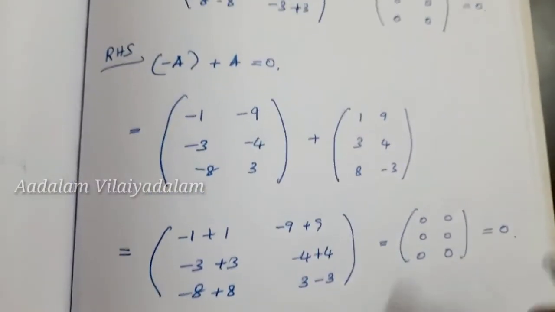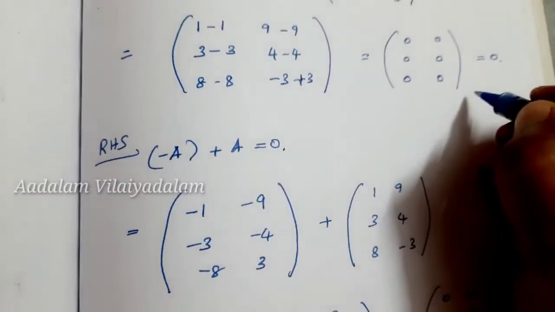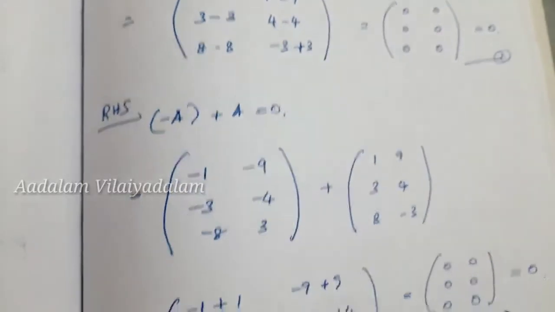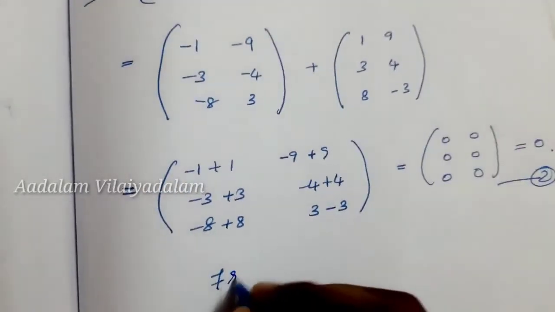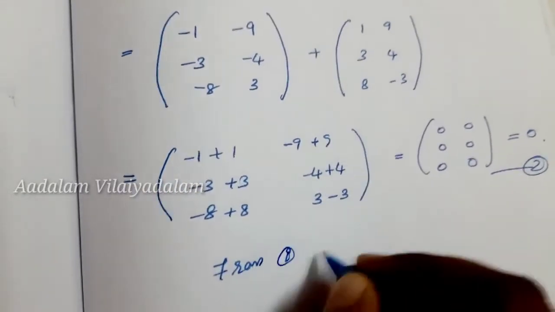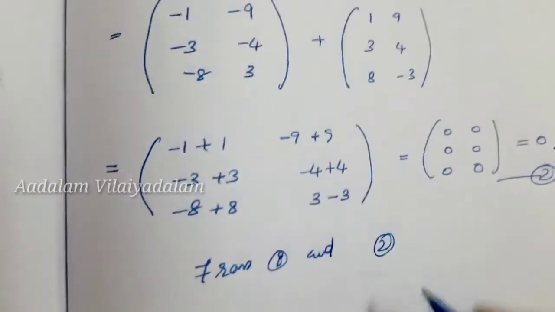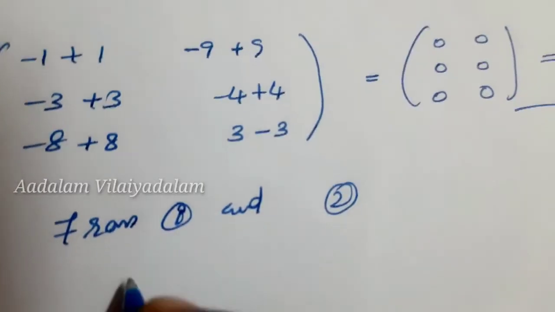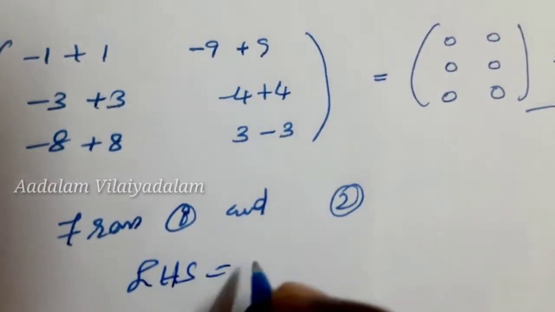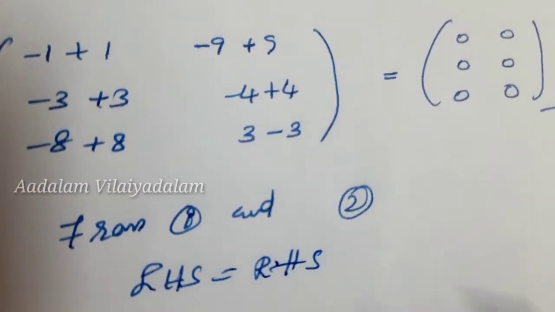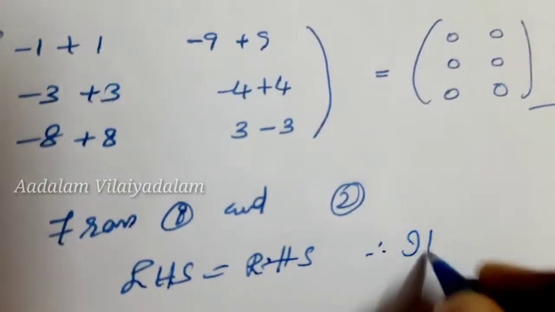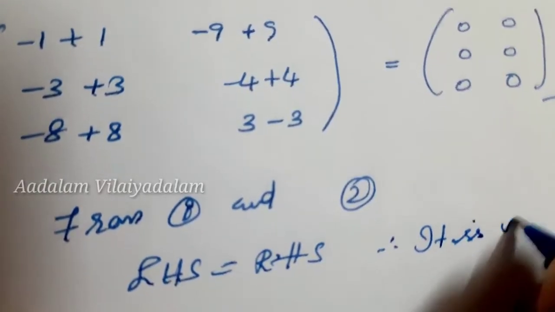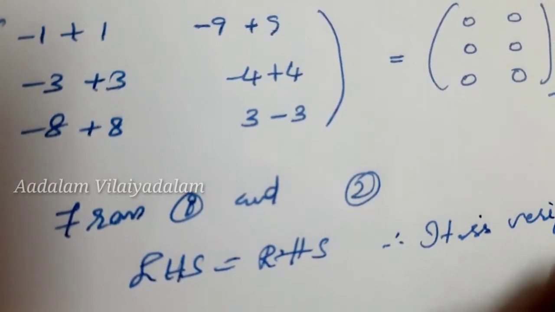So from 1 and 2 we could write LHS equal to RHS. Therefore, it is verified.